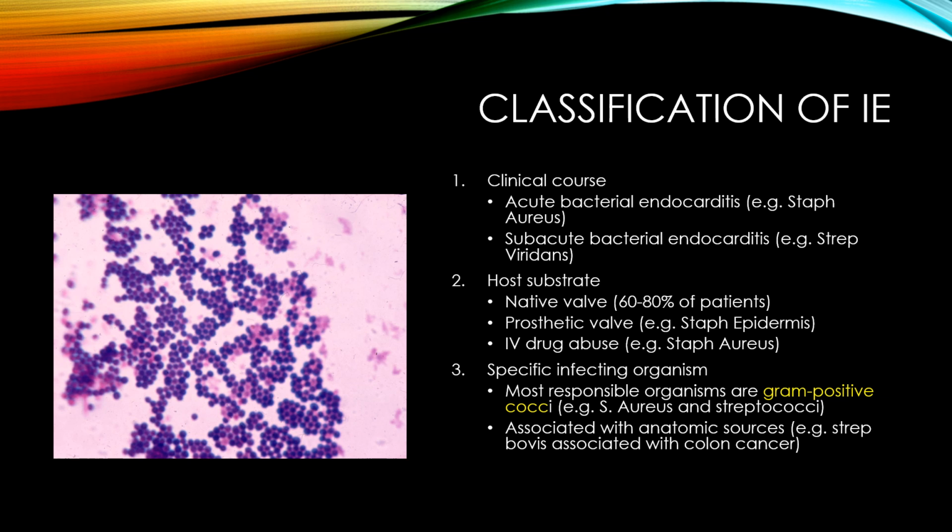And somebody who already has damaged endothelium could ultimately develop infectious endocarditis, as well as strep viridans, anything orally, causing disruption of the gingiva, like a tooth extraction or something of that nature, can cause something like strep viridans to get in, cause bacteremia, and ultimately seed the valves as well.